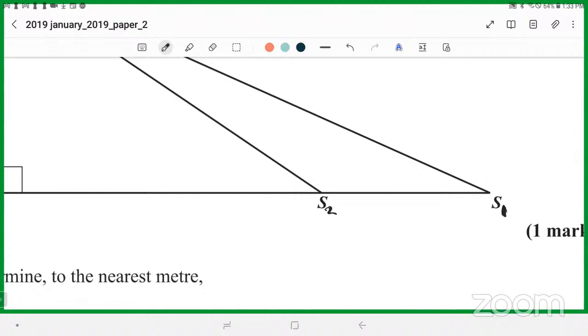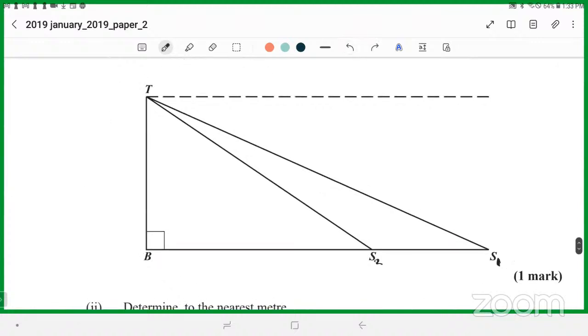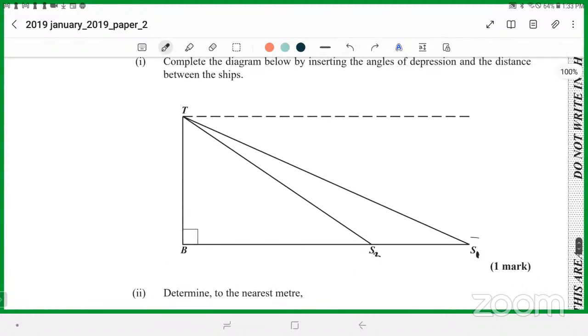Sometimes when they pick up the error, they'll put an amendment or call an addendum and give it to you in the exam room. I might give you a separate paper with this diagram on it. They do that sometimes, right? I don't know if that was the case when I set this paper, but based on the wording, this will be the S1 and this will be the S2. You couldn't work the other way around.